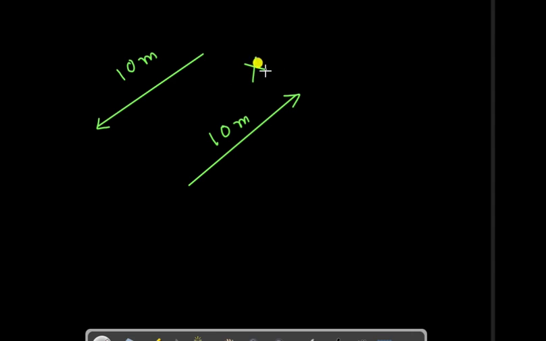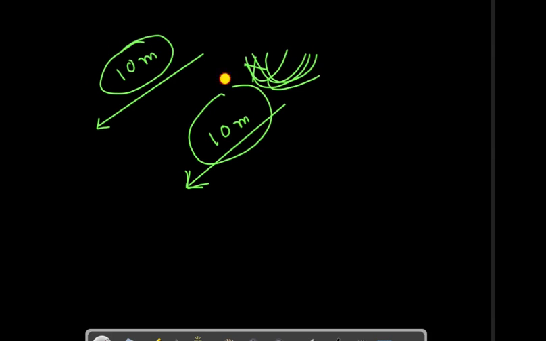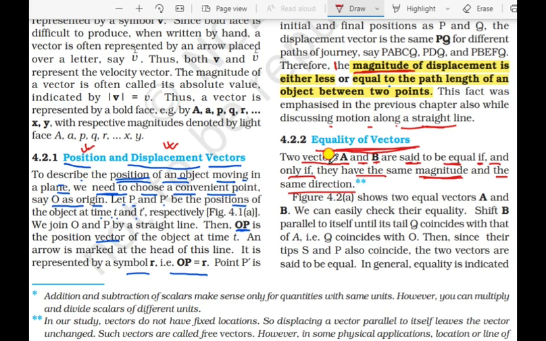To make them equal, I have to make the arrow this side, then they are equal. Got it? So only magnitude is not the one condition, there has to be the same direction also. At that time only we can say that two vectors are equal. Two vectors A and B are said to be equal if and only if they have the same magnitude and the same direction.